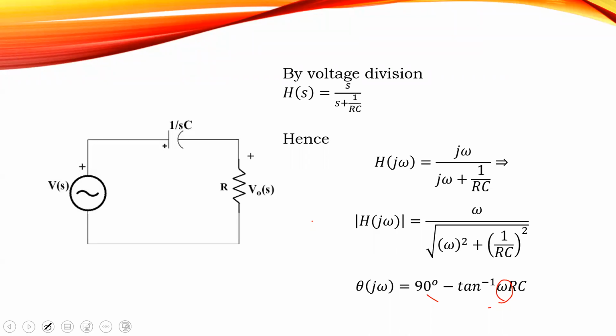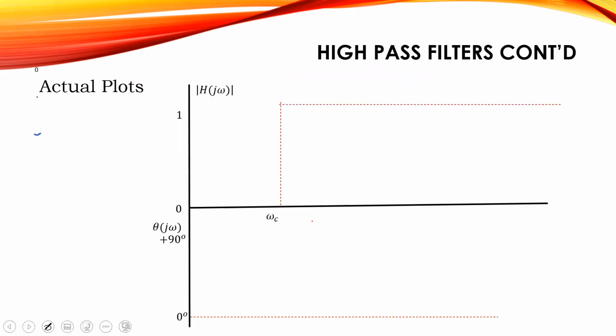But as omega tends towards infinity, H of j omega would tend towards 1. So for our high pass filter, we get the idea. Then the same for the angle.